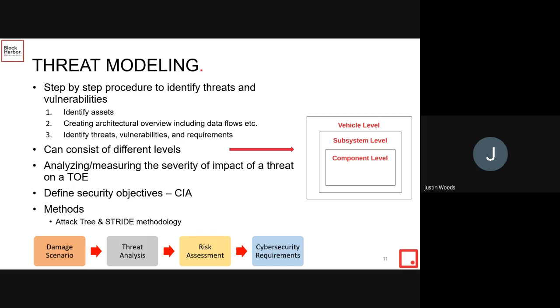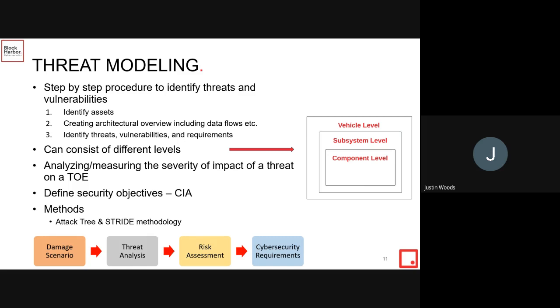And these threat models can consist of different levels. They could be within the component itself. It could be a feature or a subsystem, or it could be the entire vehicle. So we want to do some analyzing and measuring of the severity of the impact of that threat on the TOE, which is the target of evaluation.